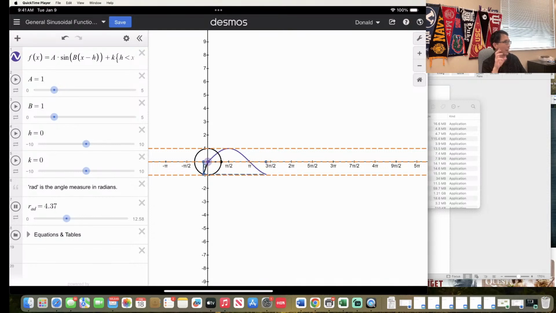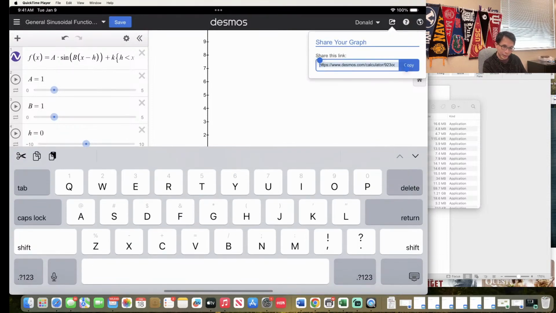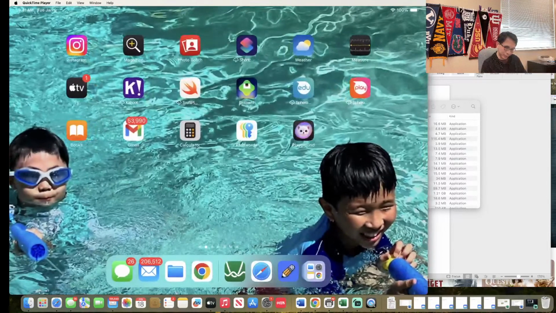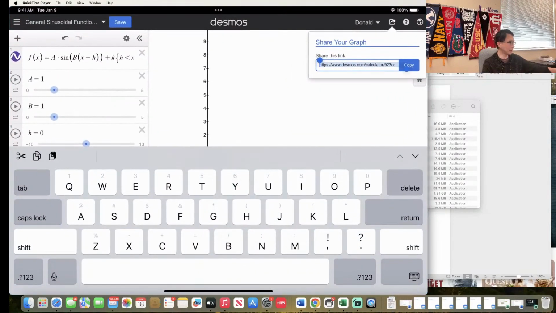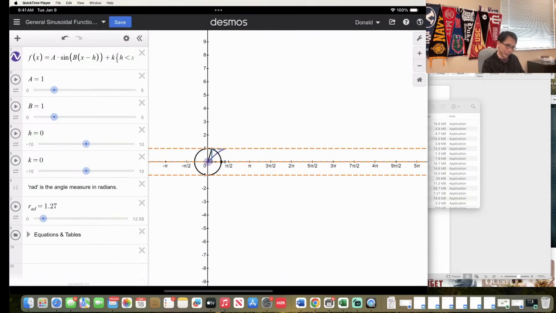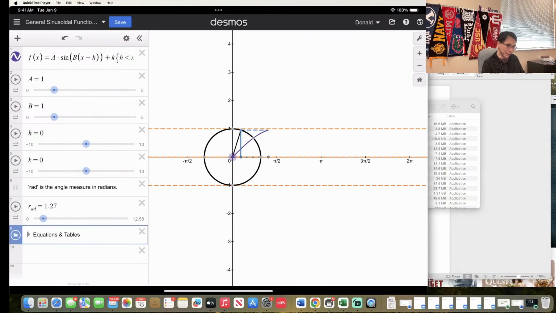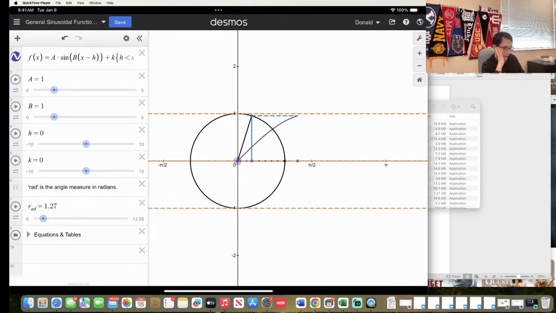Okay, so this is the two-dimensional one. I'll show you the three-dimensional one. I can copy it and put it on the group chat so that you can play with it. This is actually kind of interesting. Do you realize this is a unit circle? If I play the height, do you see that it's based on the y value of the height? Let's pause right here.